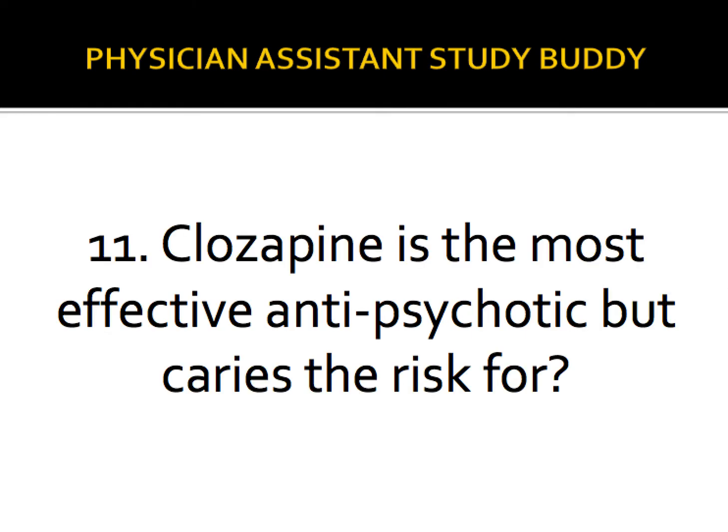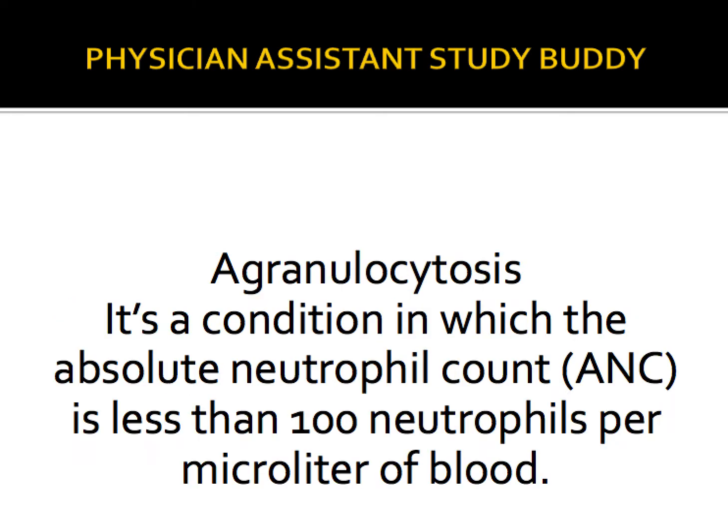Clozapine is the most effective antipsychotic but carries the risk for. So this is the kind of question when they tell you patient is psychotic, so forth. They're taking clozapine. I always had issues with saying the pharmaceutical drug names. Clozapine is the most effective antipsychotic, and they may ask you what's the most common side effect, and that is agranulocytosis.